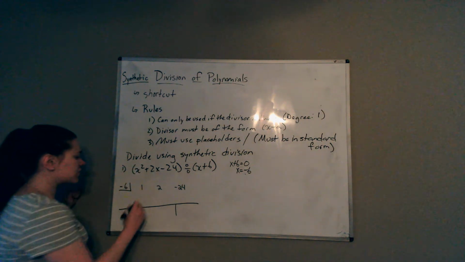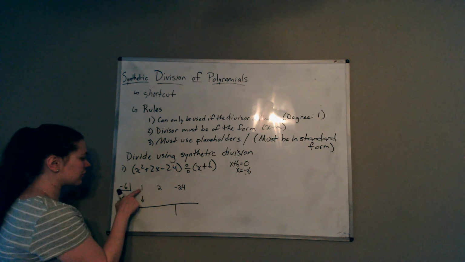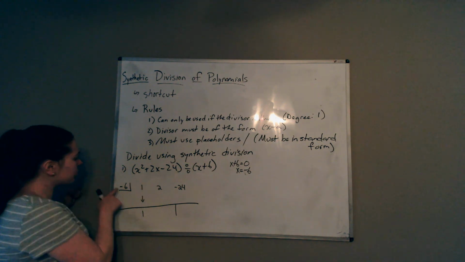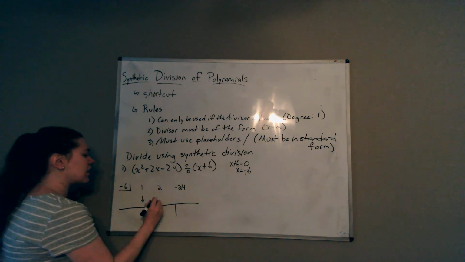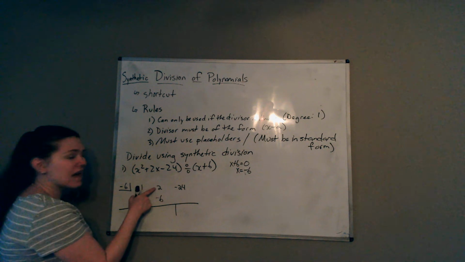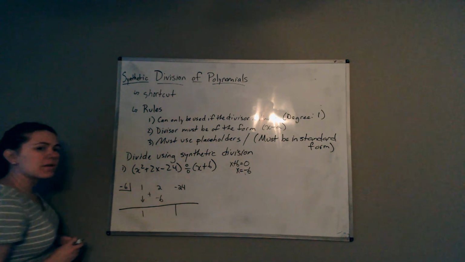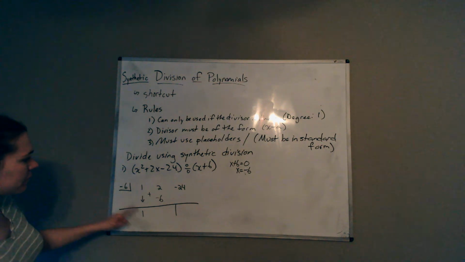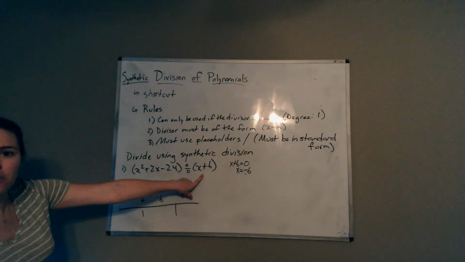So what you do is you bring the first coefficient down. So you bring this first number down, 1. Then you take this number and you multiply it by the number in the box, 1 times -6, and you write it right below the next coefficient. Now we add up the column. What we're doing here, adding, is the opposite of this term in long division.